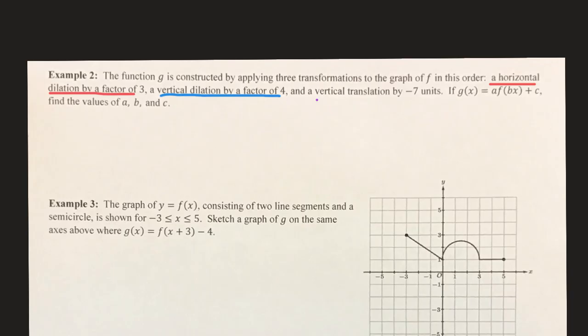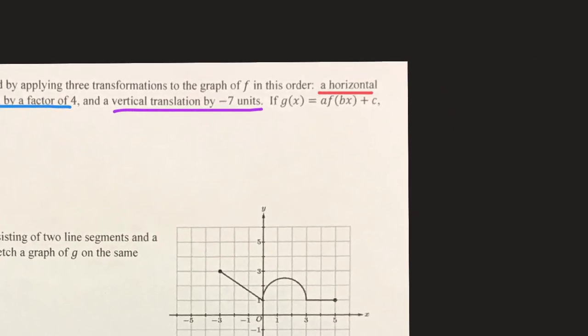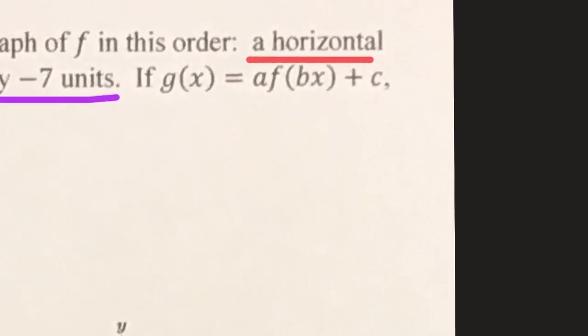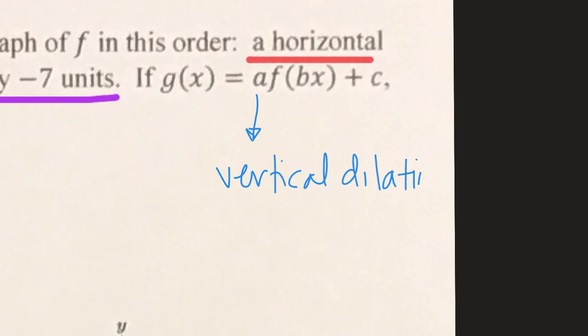And then a vertical translation. Okay, and it's telling us that this is our form, right? So what does the A represent? This is your vertical dilation. The A is represented by your vertical dilation. What does the B represent?